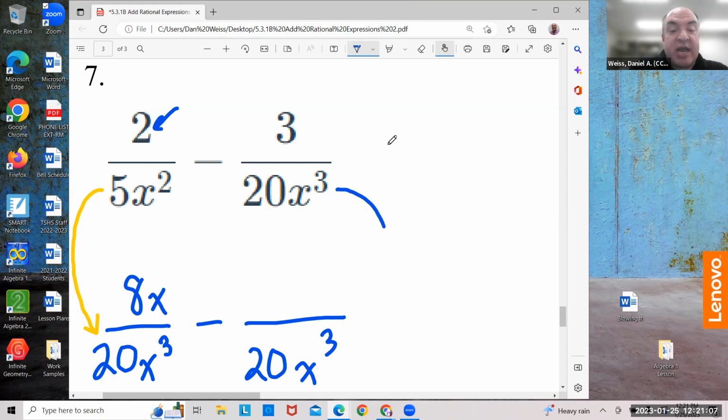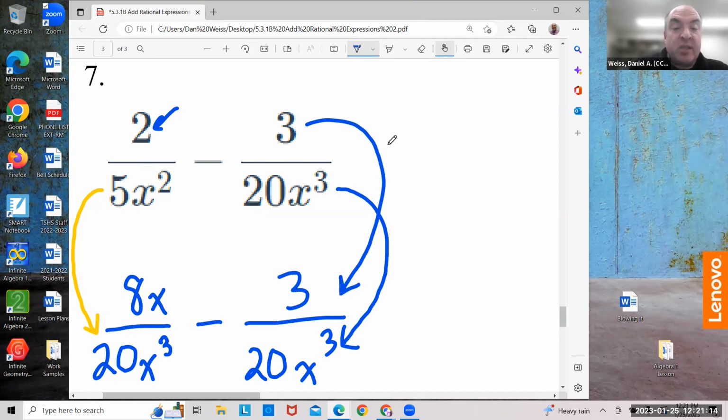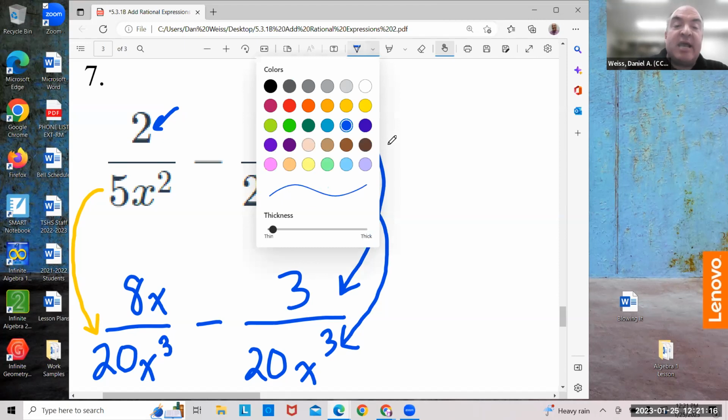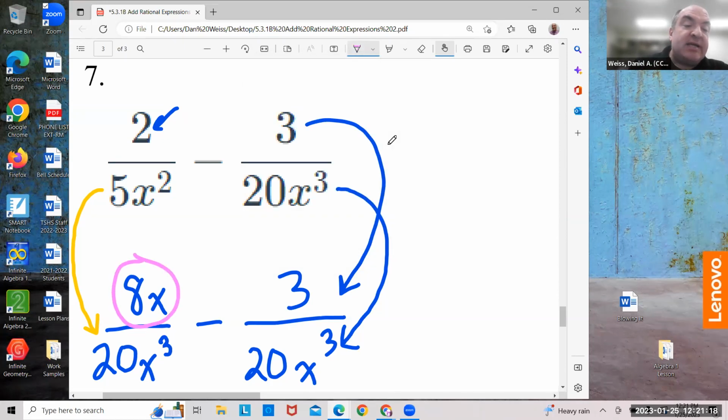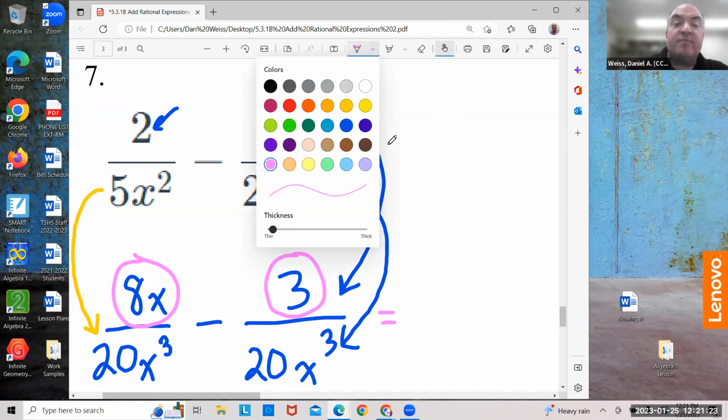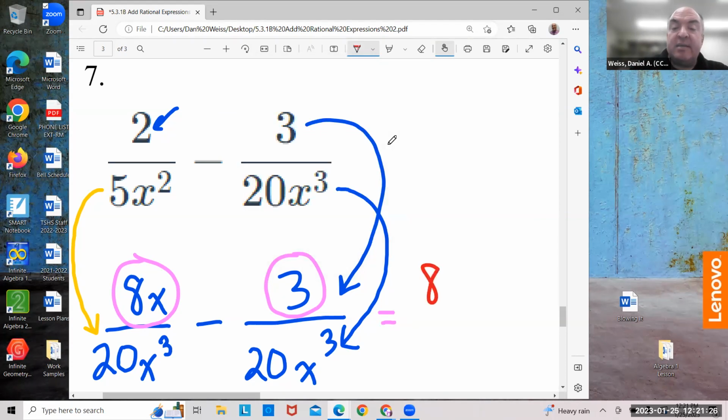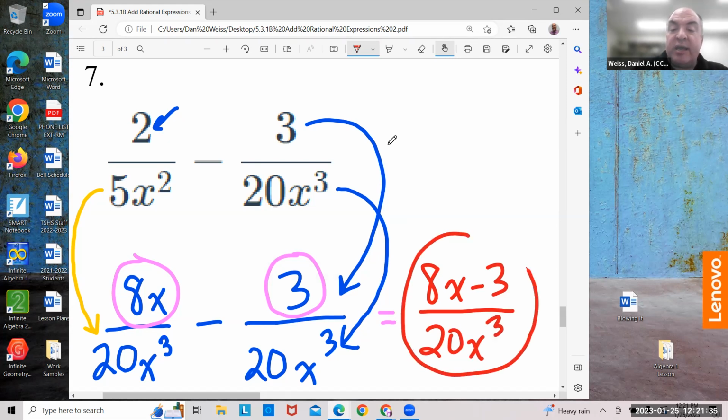This guy didn't change. Stayed the same. So guess what? This 3 stays the same. And one last time, are these two guys like terms? They are not. So you just write your answer: 8x minus 3 all over 20x to the third. And don't forget to hit your A over B button to enter your answer into Delta Math.